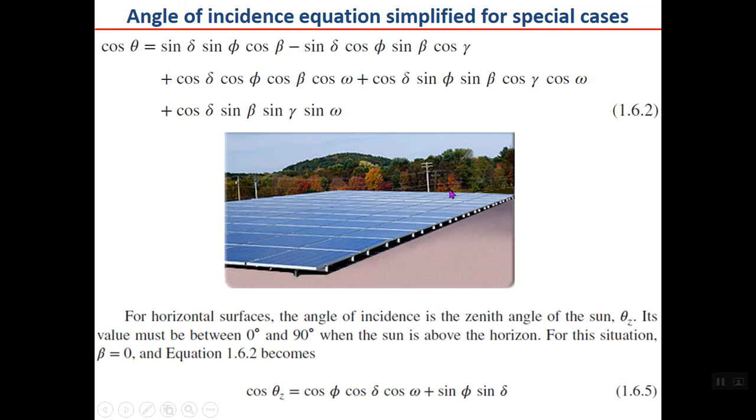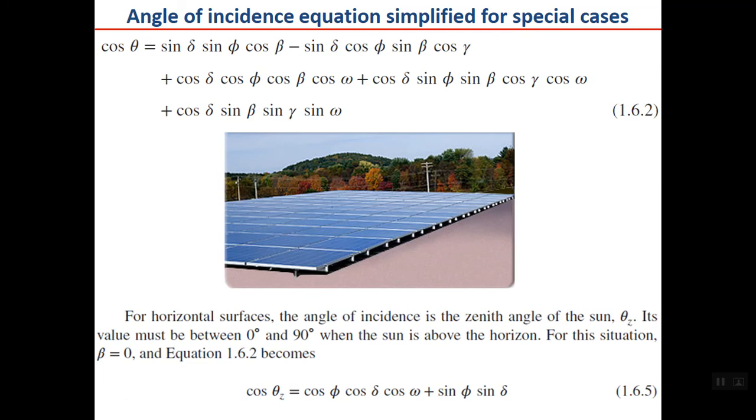And from the practical point of view, I may say that generally we avoid placing solar collectors or modules in a completely horizontal situation. In some cases it may be done like the one you can see here, but self-cleaning of the panel is generally a problem when you put them completely horizontal.